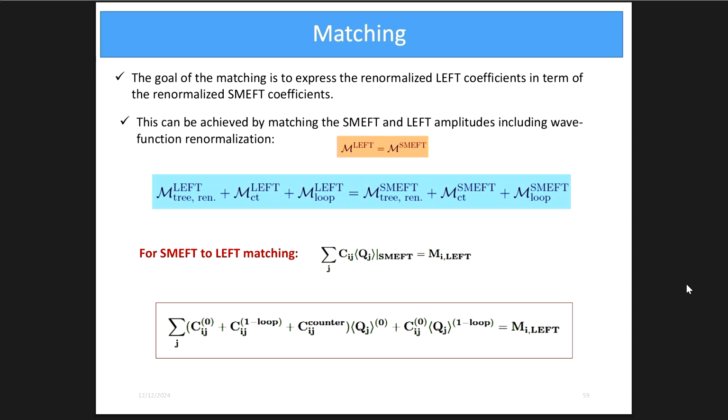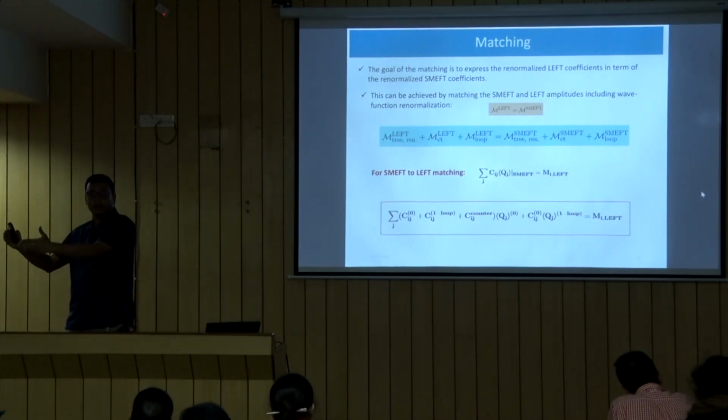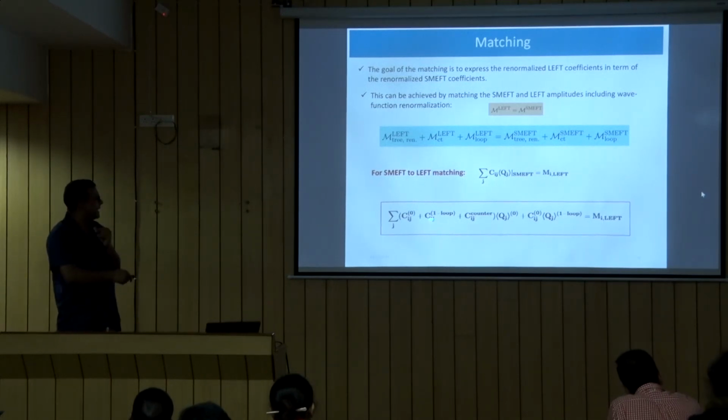And if you expand the left hand side, this would look like this. So, Cij, this would be the tree level contribution. If you have some operator in the SMEFT basis which will contribute to the LEFT operator at tree level, then you will have some Cij 0, and then you need to add Cij at one loop level.